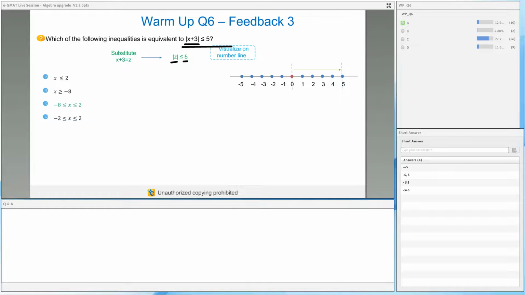So you start from 0, and from 0 you need to go to a distance of 5. Less than or equal to 5, you cannot go beyond 5. Since there's a modulus sign, I can go to the other side also, and hence the range would be minus 5 to plus 5.